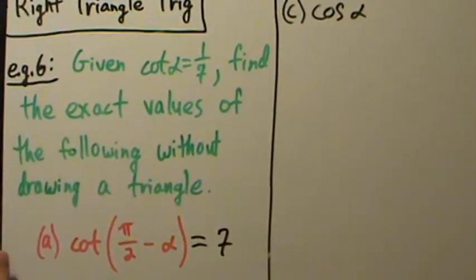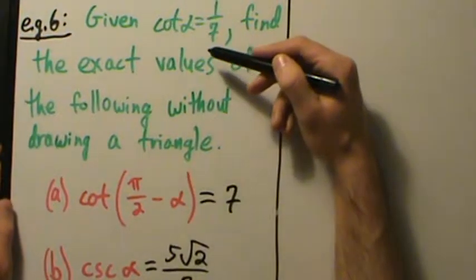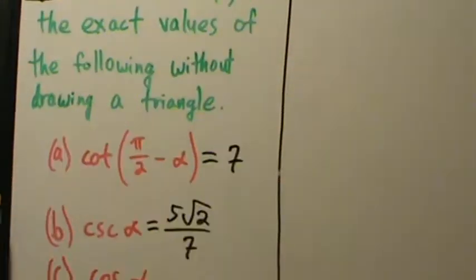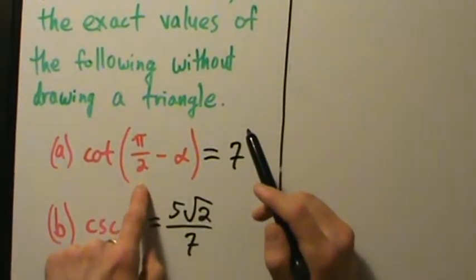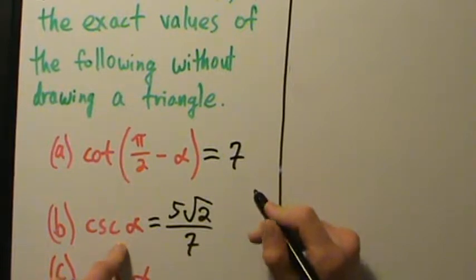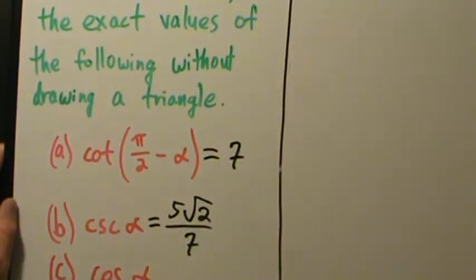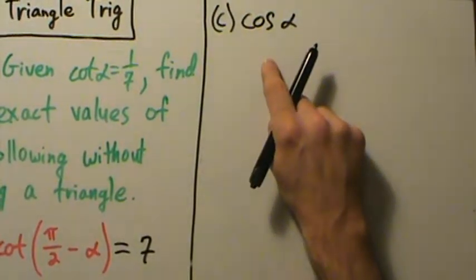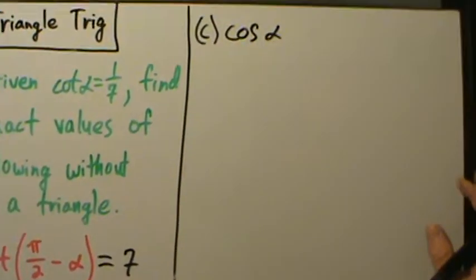Okay, so what do we know? Well, we know the cotangent. We know the tangent also. Well, for part A, cotangent of pi over 2 minus alpha, that's the same thing as the tangent. We know the cosecant, okay? And that's pretty much it. So there are a few different ways we can go about doing this. Really, maybe 3, maybe even 4 different ways, but let's do it one of the simpler ways.